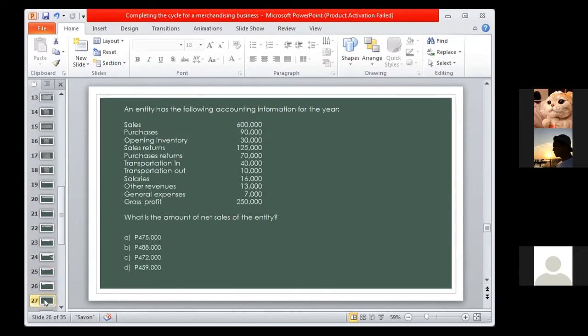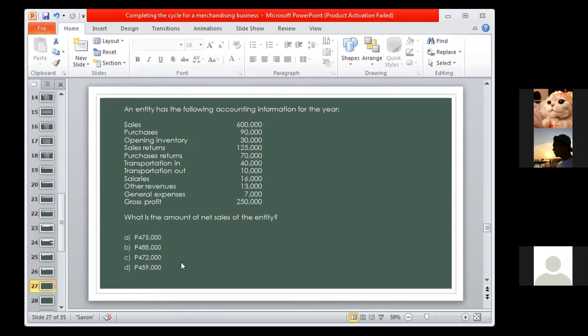Okay, so next naman. Ito. An entity has the following accounting information for the year. Yan yung information. Ang tanong naman is, what is the amount of net sales of the entity? Letter A, 475,000. B, 488,000. C, 472,000. Or D, 459,000.